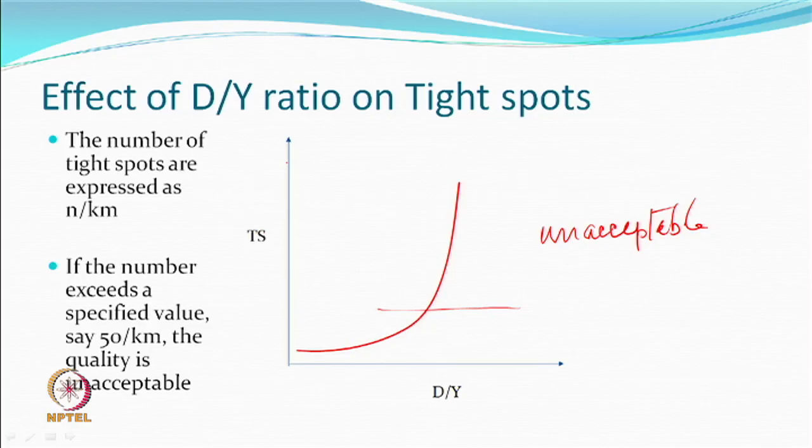Beyond this, the client is not going to be happy with the quality of the textured yarns. So, remember we are now talking about not the crimp rigidity, which of course is important, but in the case of friction texturing we are also interested in the quality which is being characterized by the tight spots.